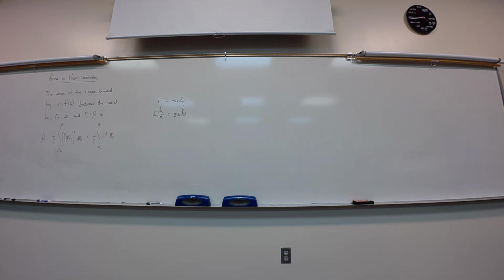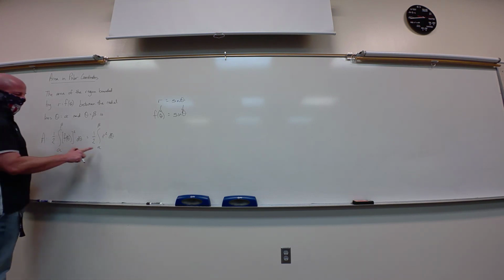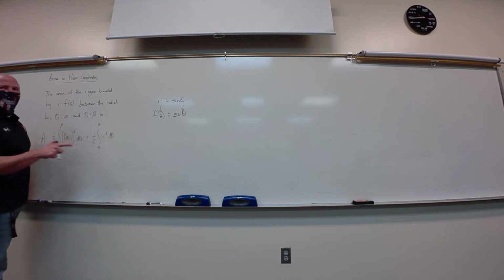As far as evaluating the integral, we're going to evaluate the integral on our calculators just like we did before when we did area and volume and things like that. That's nothing new on that part. What you'd want to make sure of is your calculator's in radians, because typically these are in radians. So it goes by your angles.